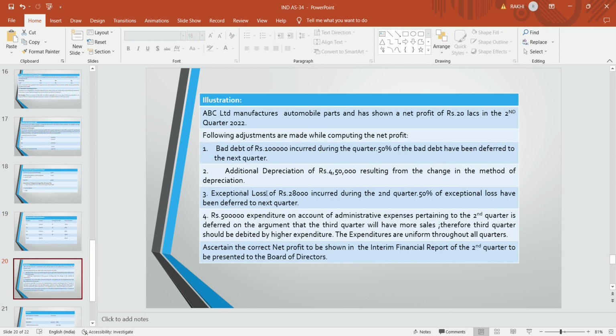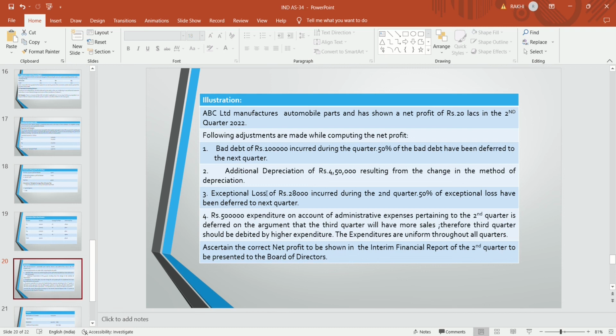There is one example also related to interim financial reporting. ABC Limited manufactures automobile parts and has shown a net profit of rupees 20 lakh in the second quarter of 2022. The profit of 20 lakhs is related to quarter 2.